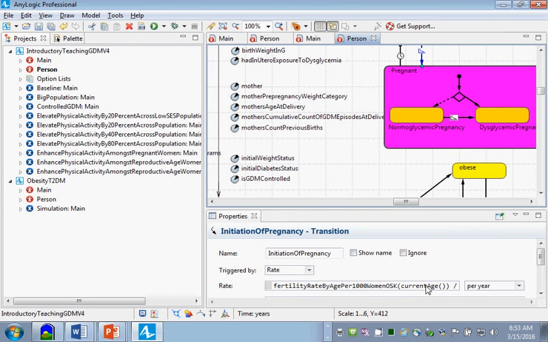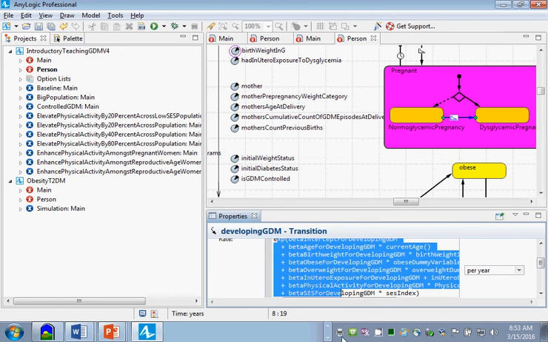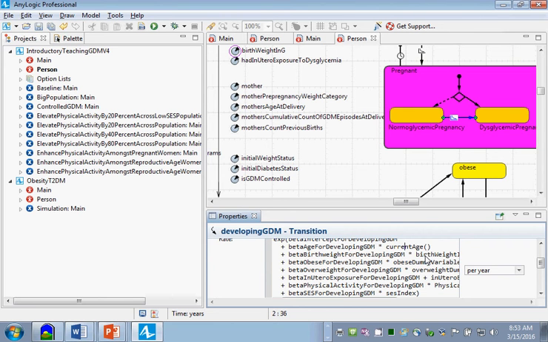depends on their age here, although I think that would need to be recalculated in a way we'll talk about. This hazard rate of becoming dysglycemic is calculated using this formula, which depends on their current age, their birth weight, whether or not they're obese, whether or not they're overweight, their in utero exposure, physical activity level, socioeconomic status, etc. So this is a hazard rate that's being used here, and we know that it's a hazard rate because it's associated with this little icon that shows kind of an exponential distribution.